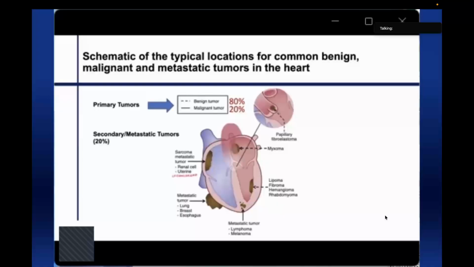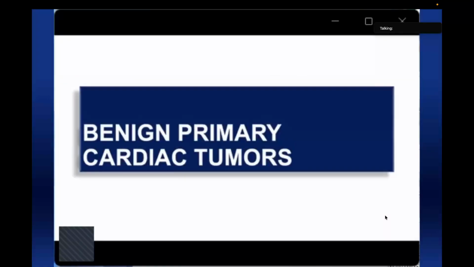Now, if you have myxoma, you can see that in the atria, specifically in your left atrium. So these are very important pieces of information if you're dealing with cardiac tumors.